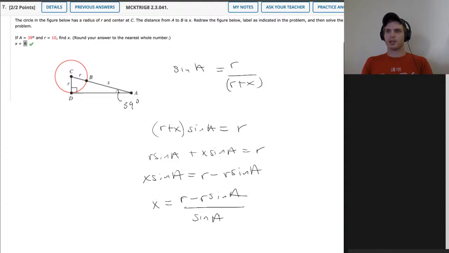So r is 10 and A is 39. So we've got 10 minus 10 times the sine of 39 divided by the sine of 39.